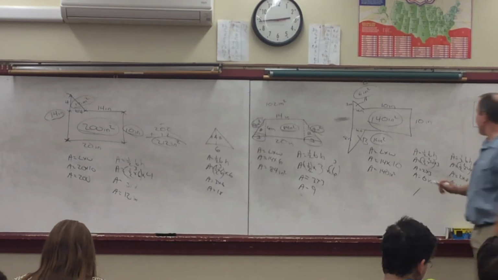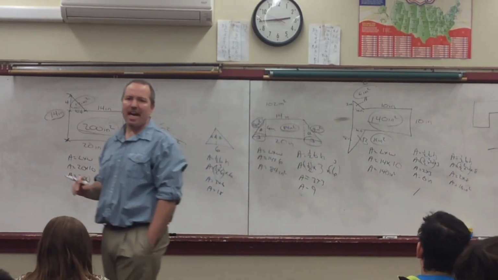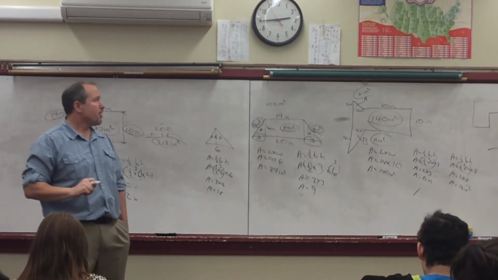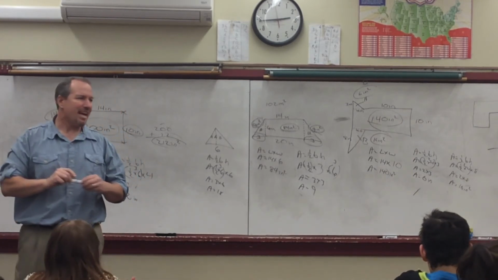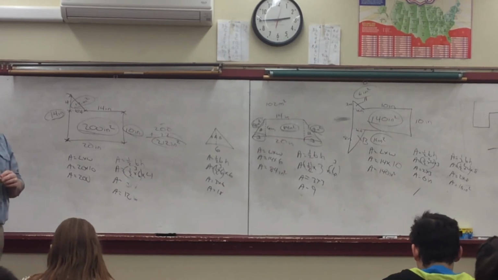Number 11, you had a shape that looked like that. And they would ask you, how do you find the area of that? Someone come up here and show me how we'd break those into rectangles and triangles.